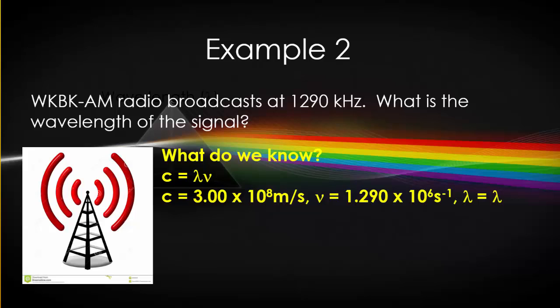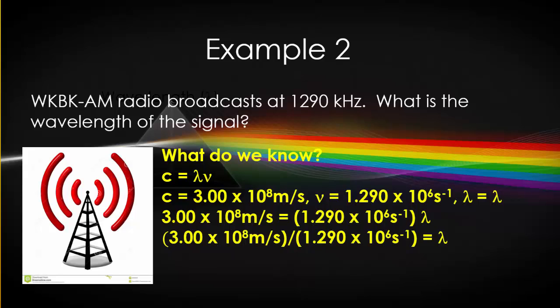We know that lambda is what we're looking for. Put the values into the equation, solve for lambda, and you get this number on your calculator, but the answer should only have 3 significant figures, so you get 233 meters.